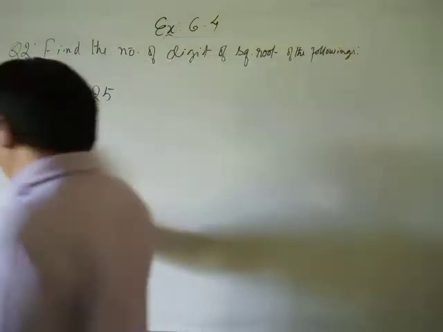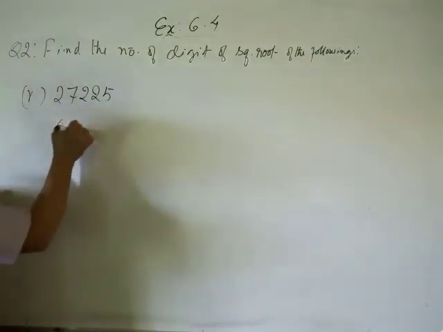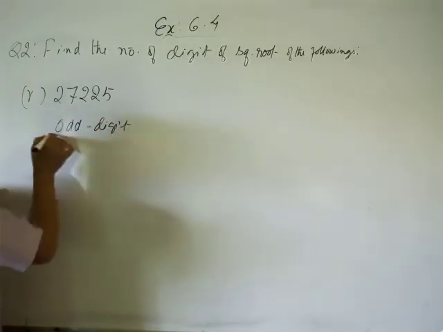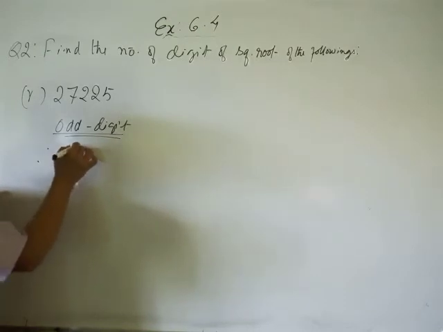First of all, count the digits: 1, 2, 3, 4, 5. Watch. It is an odd number of digits, isn't it? So since it is odd digits, what do we have to do?